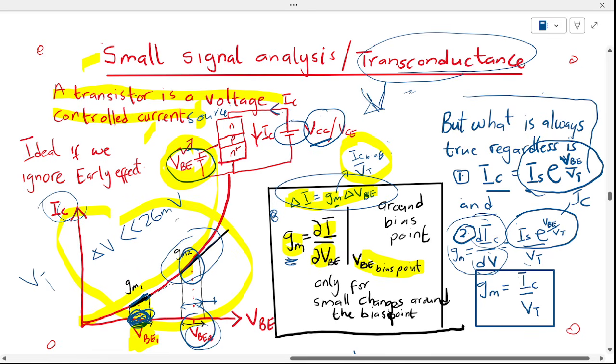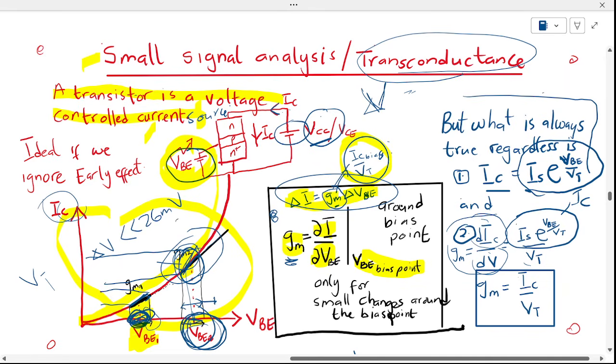So in this case, the transconductance here can be calculated using the bias set point. So if you go back to this curve, if the bias set point is at this point, then the transconductance here will be larger. So the same change in voltage will produce a bigger change in current around this bias point compared to the corresponding change in current around this bias point.